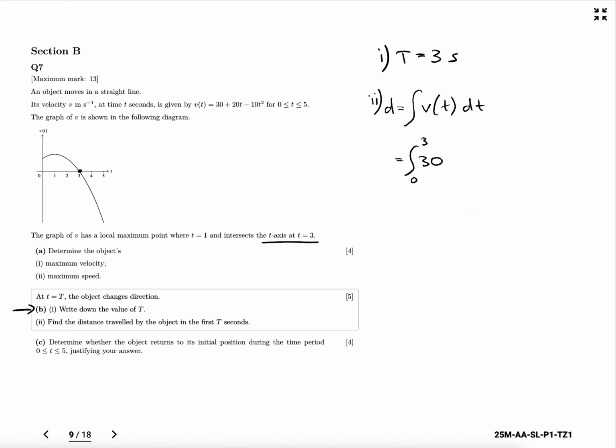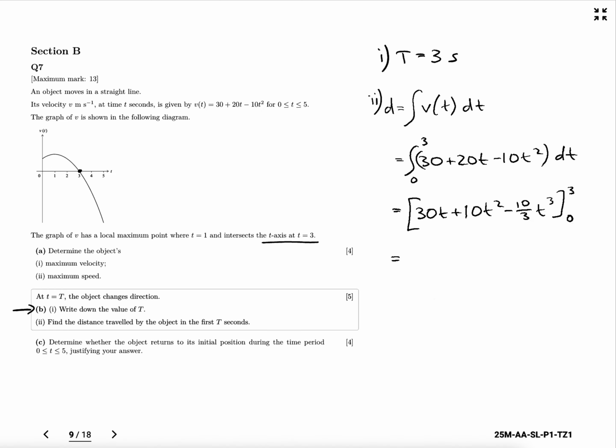So 30 plus 20t minus 10t squared. All of that integrated with respect to t. And 30 gives us 30t plus 10t squared minus 10/3 t cubed.